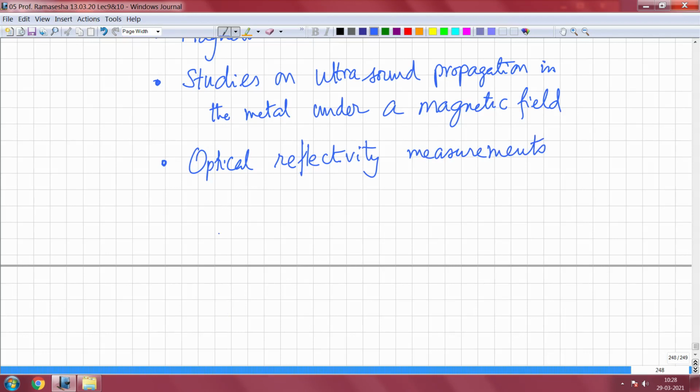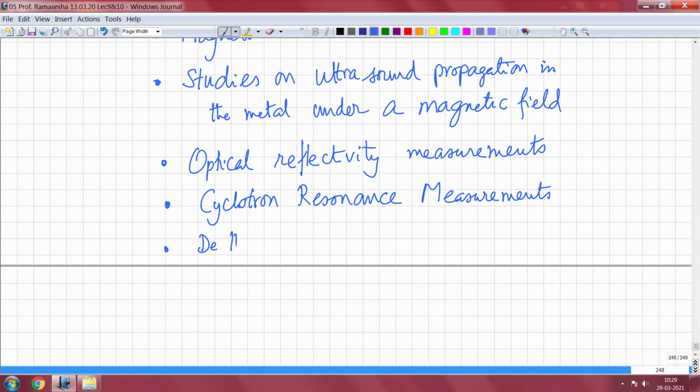And some of the techniques that I am going to discuss are the cyclotron resonance measurements, and then another technique called the de Haas-van Alphen effect. The last two techniques we will discuss in some detail.